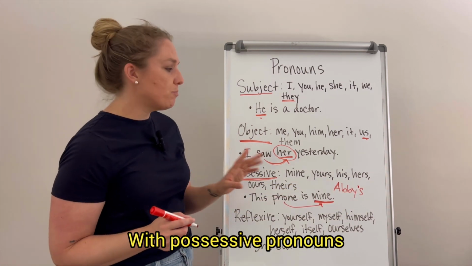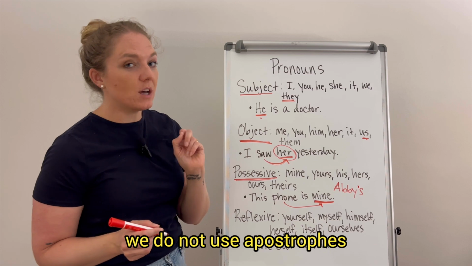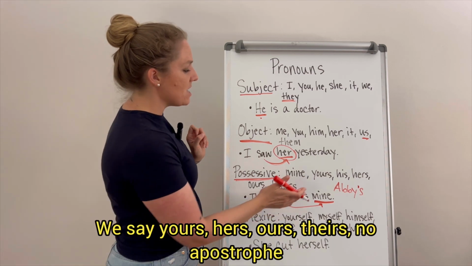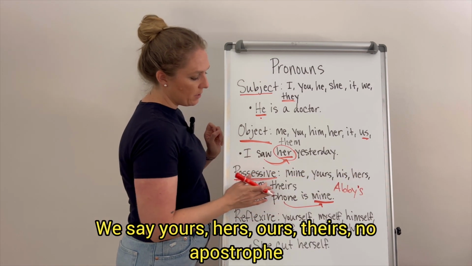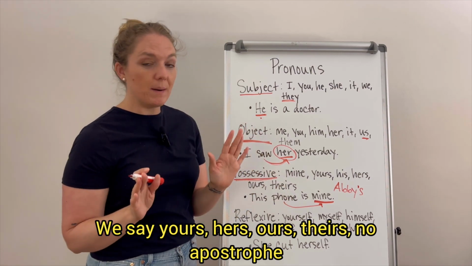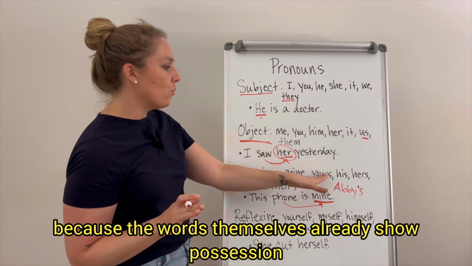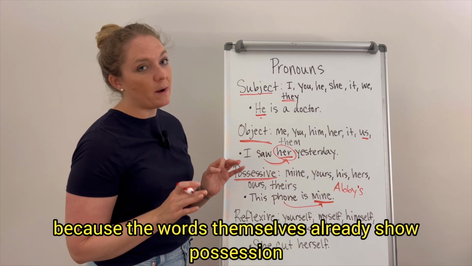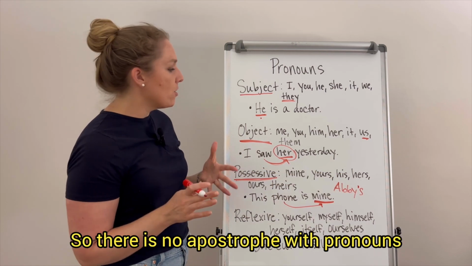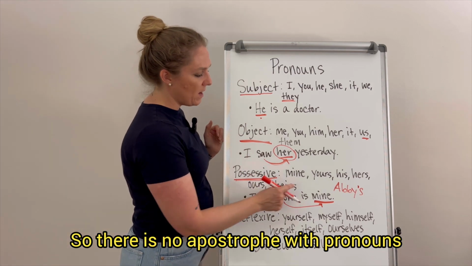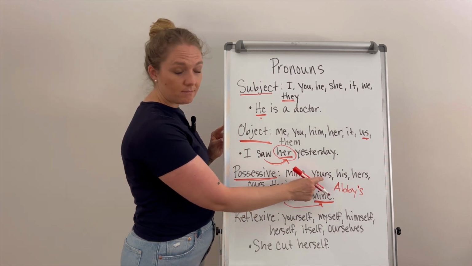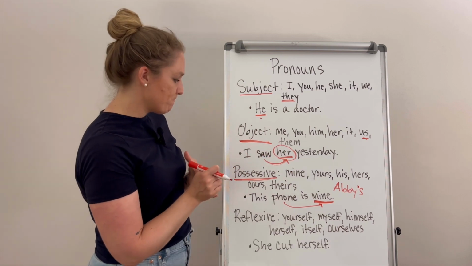With possessive pronouns, we do not use apostrophes. We say yours, hers, ours, theirs, no apostrophe. We do not need an apostrophe because the words themselves already show possession. So there is no apostrophe with possessive pronouns.